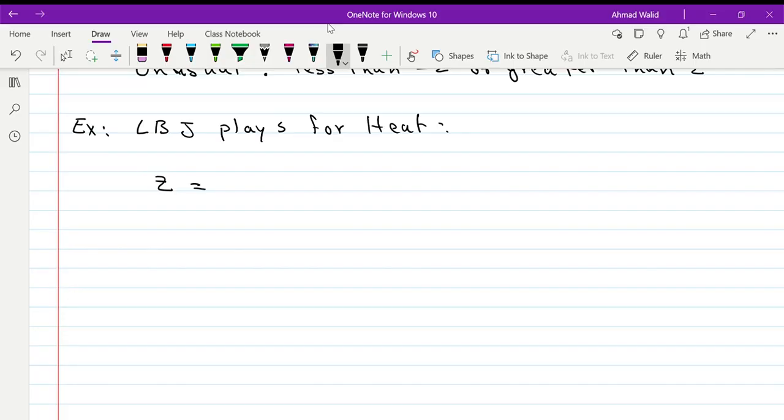Z-score equals x minus mu over what? Sigma, which we already calculated. It was 76 as height. The mean for Miami Heat was 80 inches, and the standard deviation was 3.3.